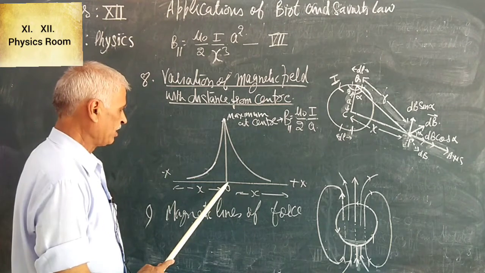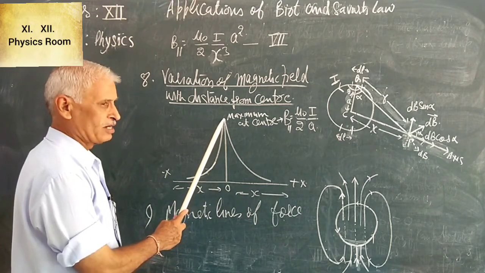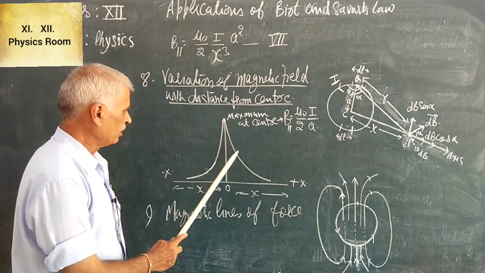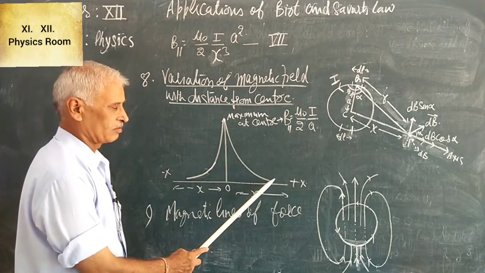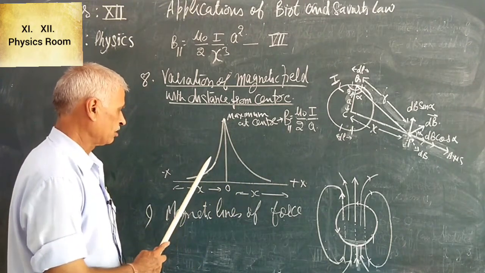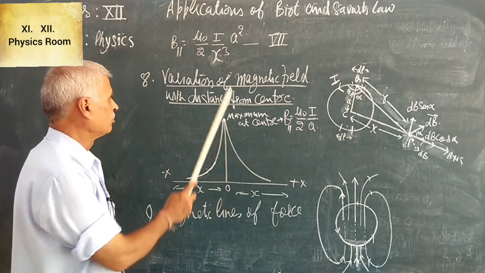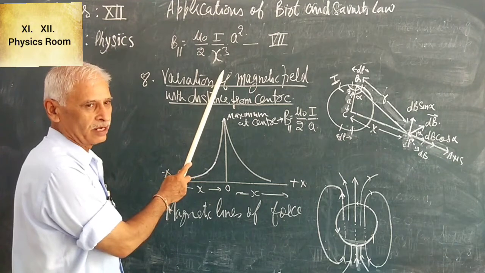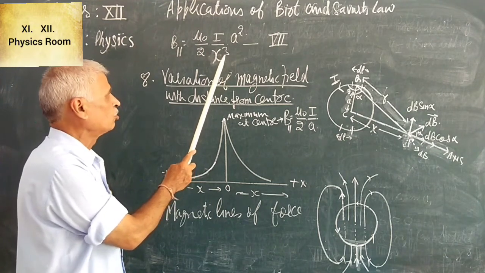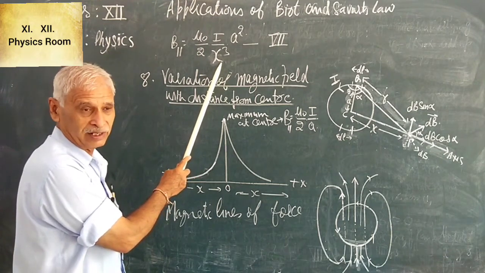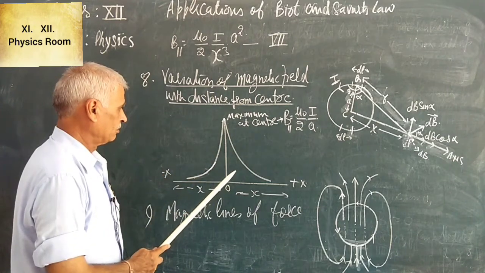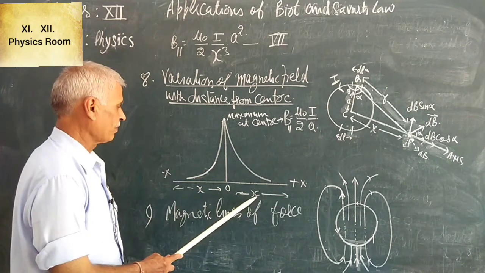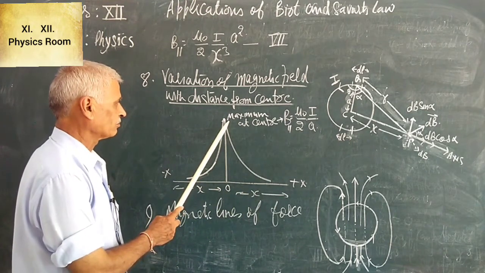At the center, field is maximum and it reduces with distance, because magnetic field is inversely proportional to cube of distance when x is very, very large. So this is the graph between distance and magnetic field.